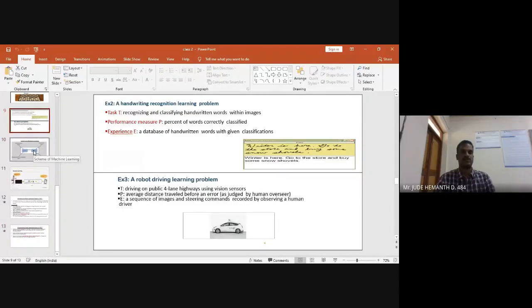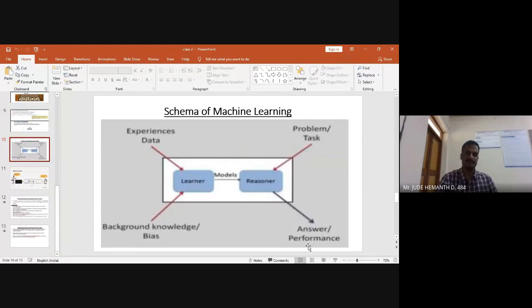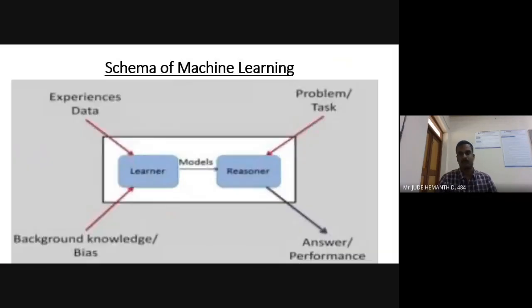So last class we stopped with some examples, and this is what you have to keep in your mind: the schema of machine learning, or what machine learning is all about. Whenever students approach me for some projects, immediately they talk about some very supernatural things, something extremely different.